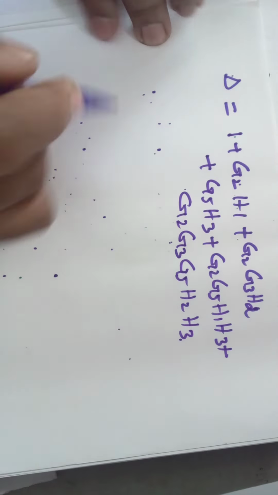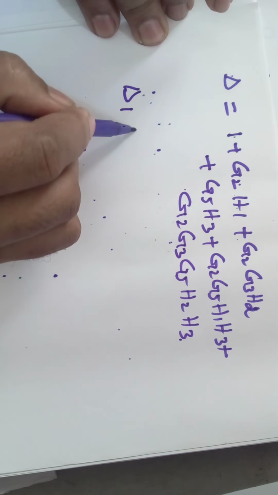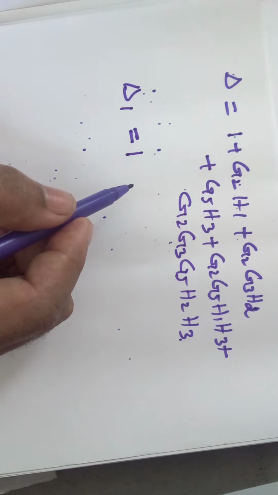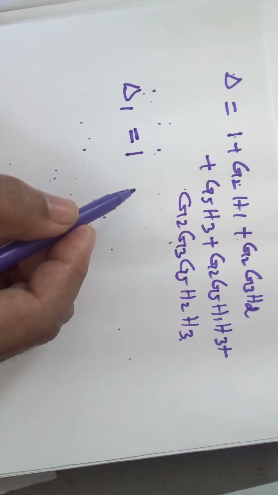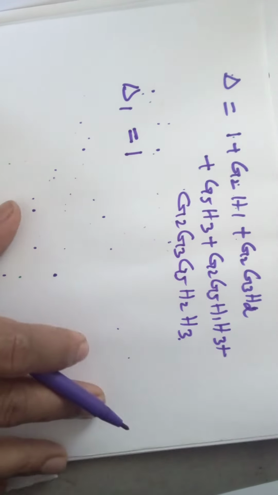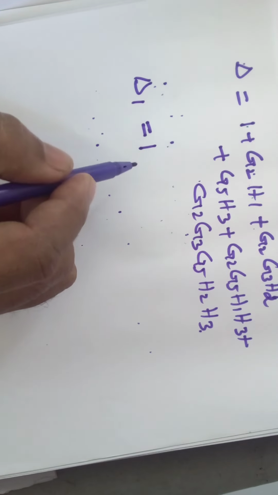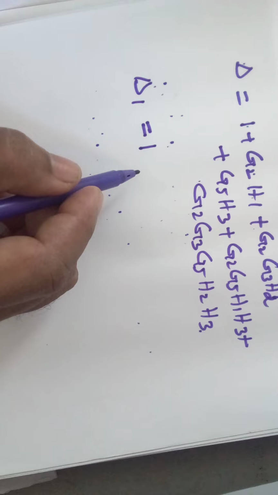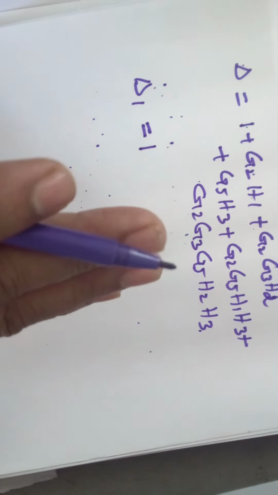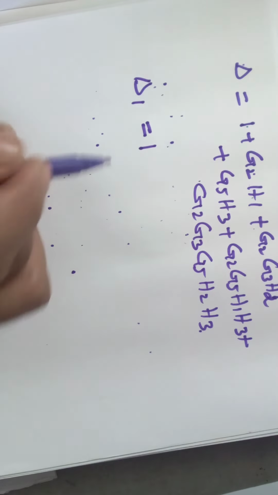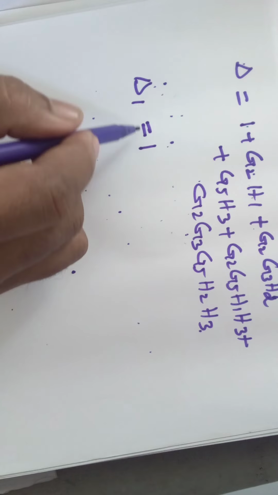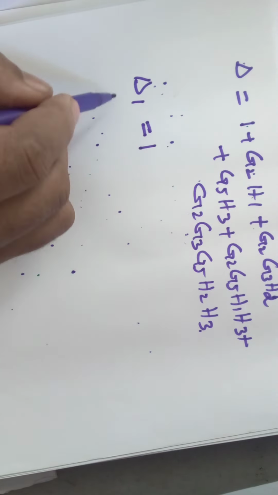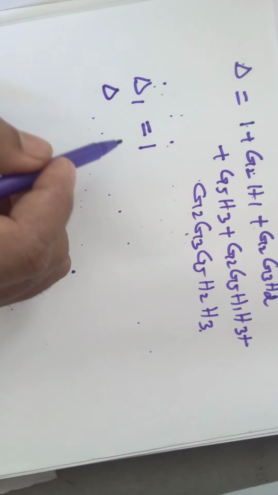Now you calculate delta 1. Delta 1 is equal to 1 because there is no part of the graph which is not touching the first forward path. There is no such thing. Therefore delta 1 is equal to 1.